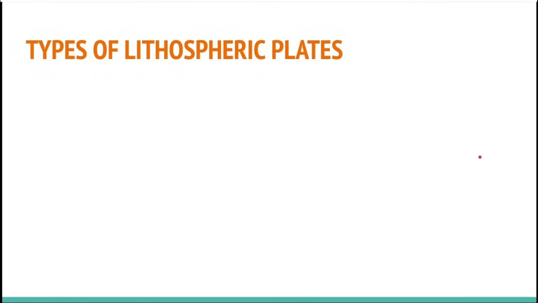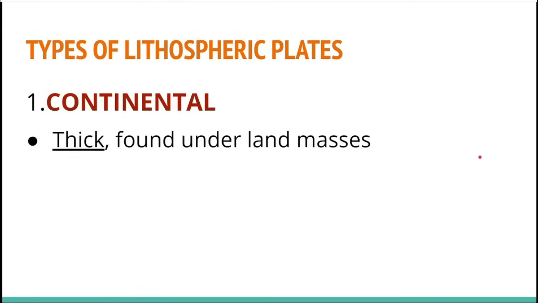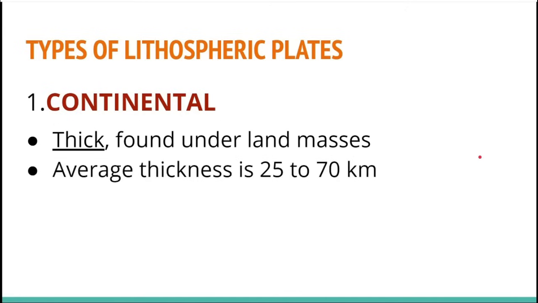First, let's discuss the continental lithosphere. The continental lithosphere is thick and is found under land masses. It has an average thickness of 25 to 70 kilometers and is composed of old rocks.